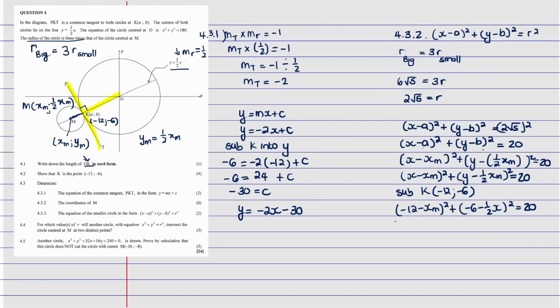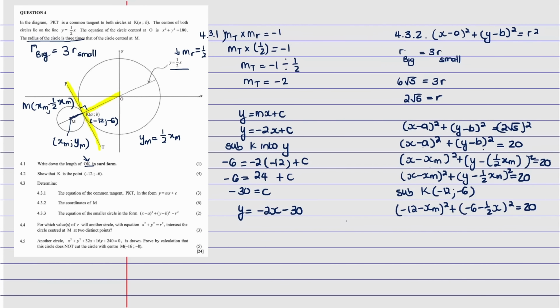This is going to be the same as (negative 12 minus xm) all squared, right? Another bracket, negative 12 minus xm. So let me just take it up a notch here. I need space.